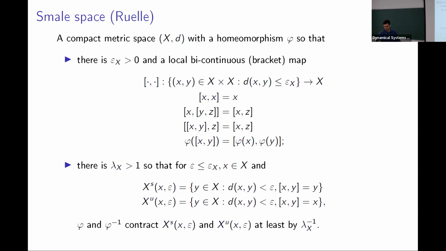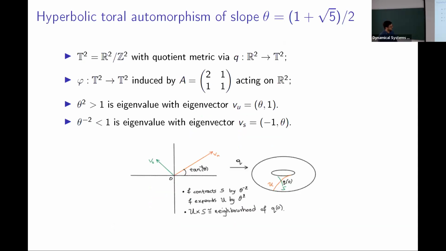If you consider points that are far away, if you try to apply the bracket map, you're going to get wrong results, simply because you can have these unstable sets being long enough so they wrap densely enough in your space, and then you might have two points, let's say one here, and another for a return of this stable set, which are in the space close enough, but dynamically they're far away.